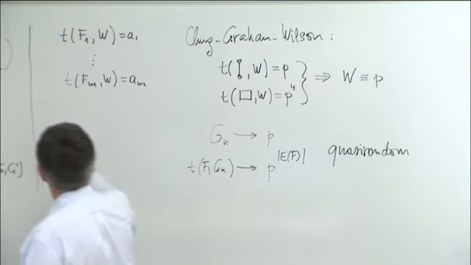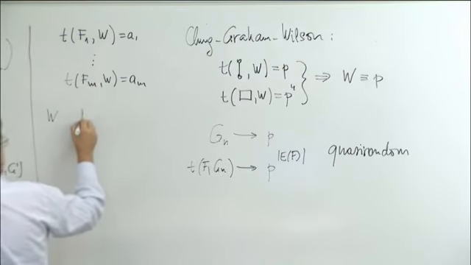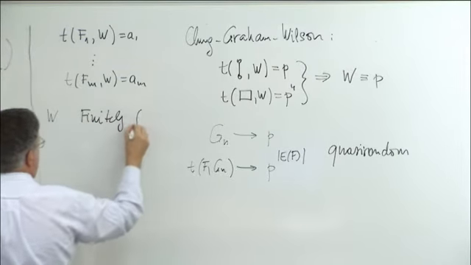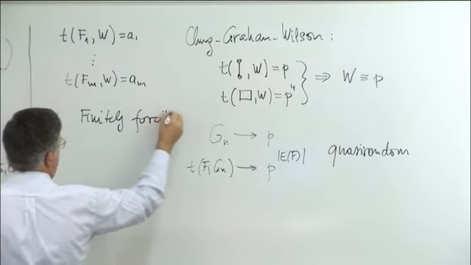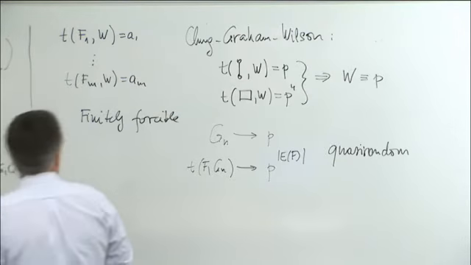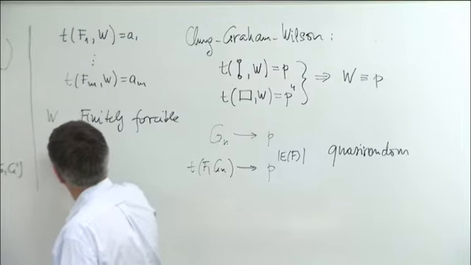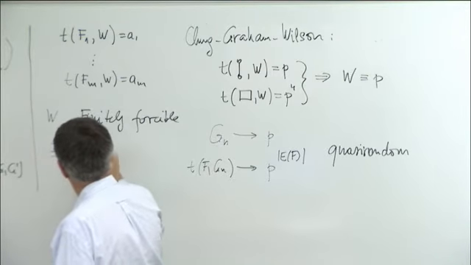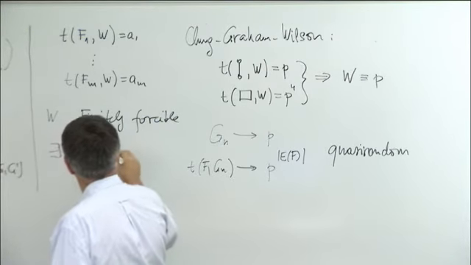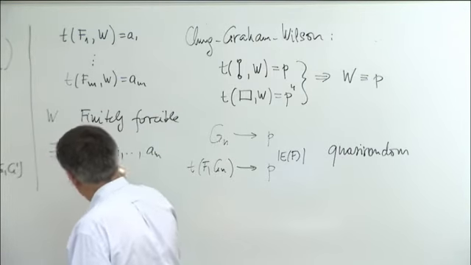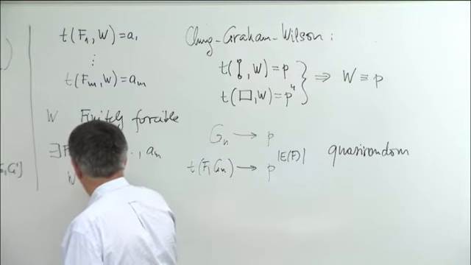And we say that W is finitely forcible if there exist F1, ..., Fm, A1, ..., Am, so that W is the only solution.